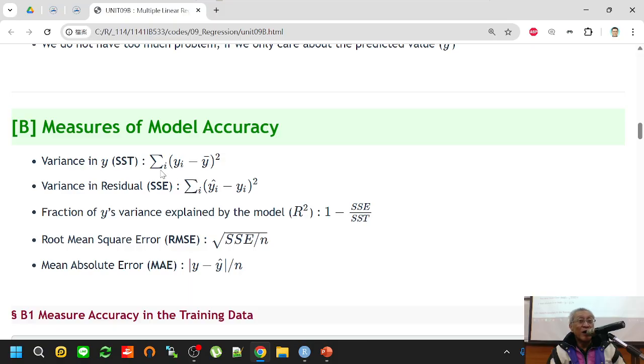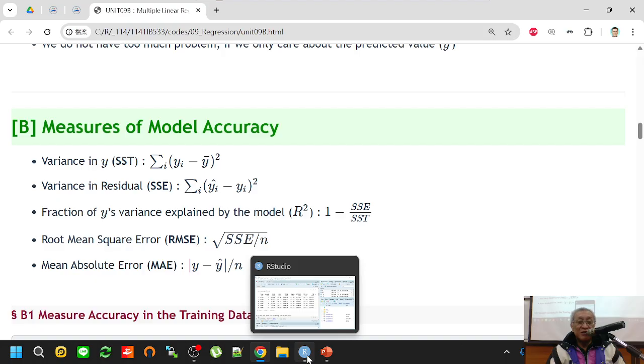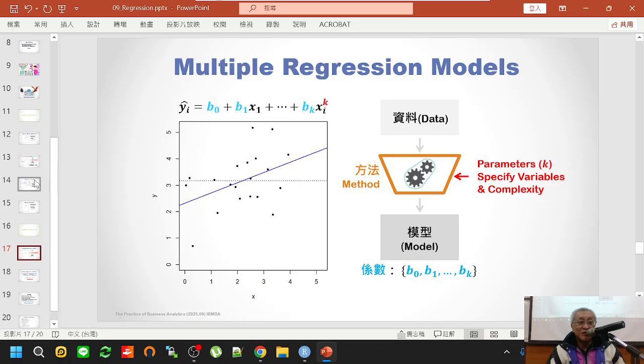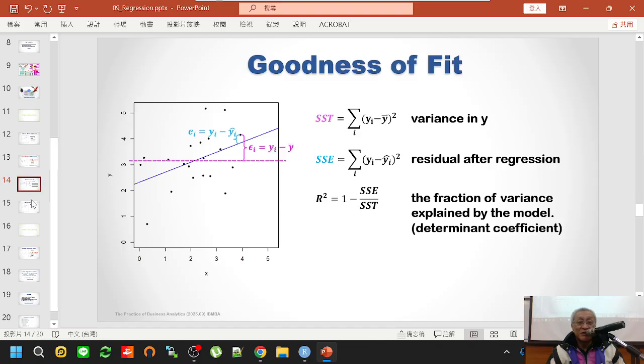So there are a lot of Y. In this case we have 308 Y. This is Y bar, the average of that. The variance in Y is calculated this way.